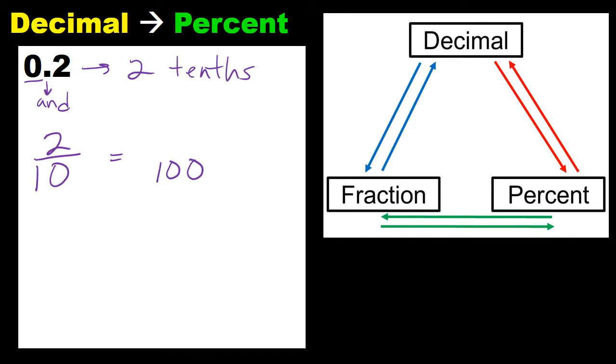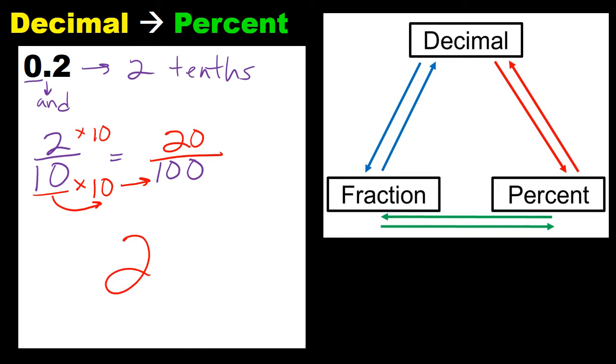So let's multiply the top and the bottom by 10 because we know that 10 times 10 equals 100. So 2 times 10 gives us a numerator of 20. So we can say 20 out of 100, and we can also say 20%.